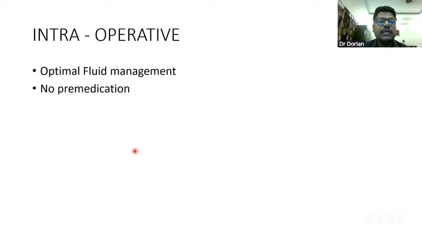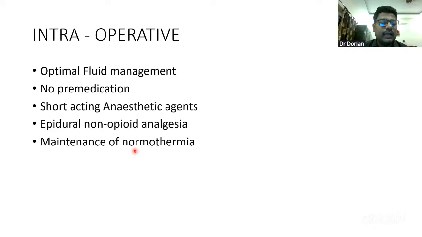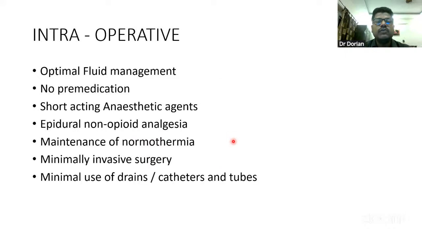Intraoperative maneuvers like optimal fluid management, no pre-medication, short-acting anesthetic agents, epidural, non-opioid analgesia, and maintenance of normothermia. Okay, normothermia means do not allow the patient to become hypothermic. All these are the responsibility of the anesthetist during surgery. Usage of minimally invasive surgery, preferably, and minimal usage of drains, catheters, and tubes. These two are responsibility of the surgeon.